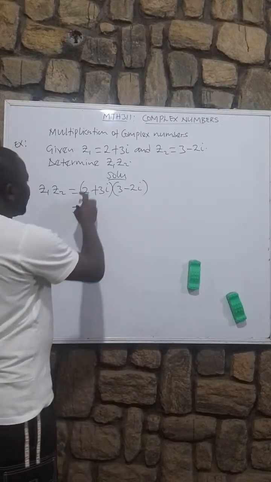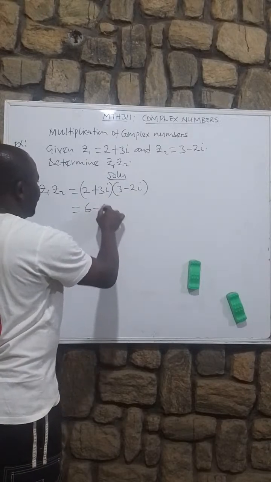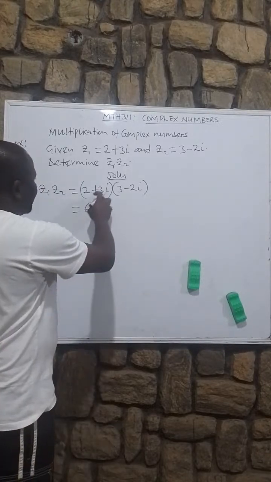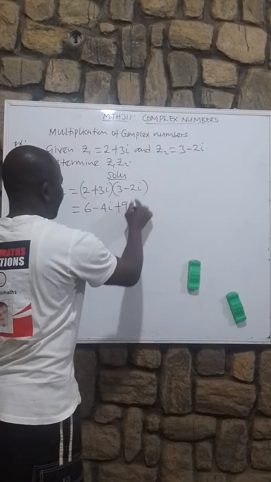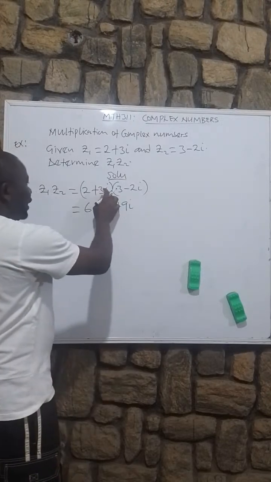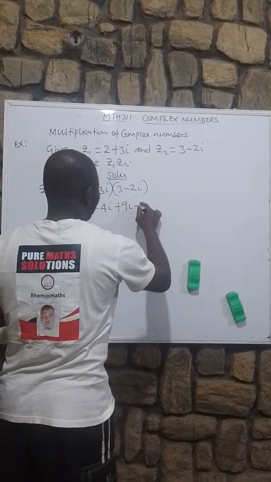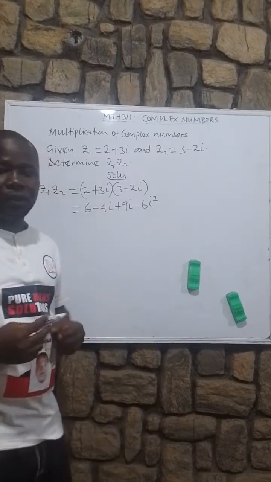Then 2 times minus 2i, minus 4i. Amen? Okay? Plus 3i times 3, plus 9i. And plus 3i times minus 2i, we are going to have minus 6i all squared. True or false? Any question before we proceed?